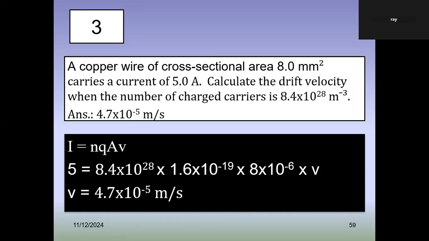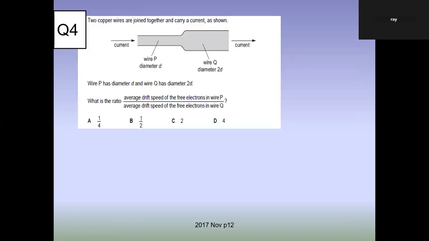Okay, how about this one? Two copper wires are joined together and carry a current as shown. Wire A has a diameter D, wire Q has a diameter 2D. What's the ratio of drift speed of free electron in wire A to average drift velocity of free electron in wire Q?